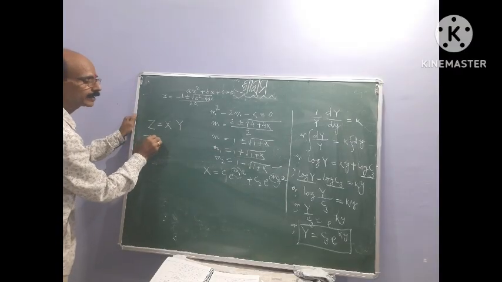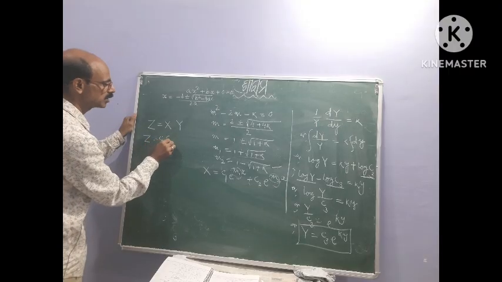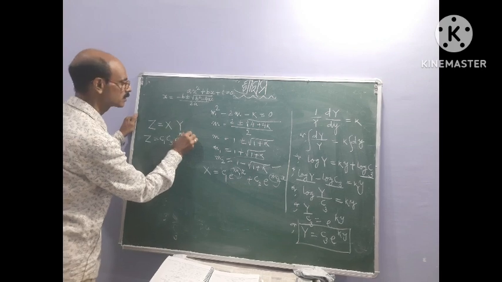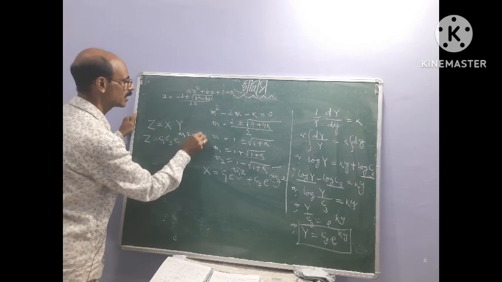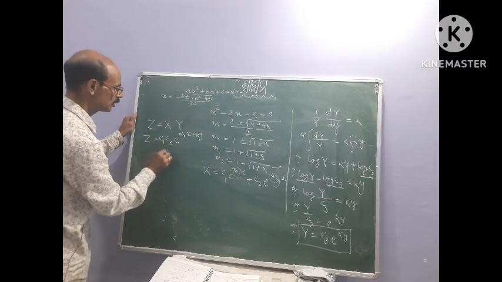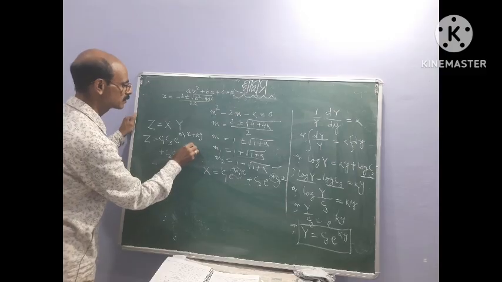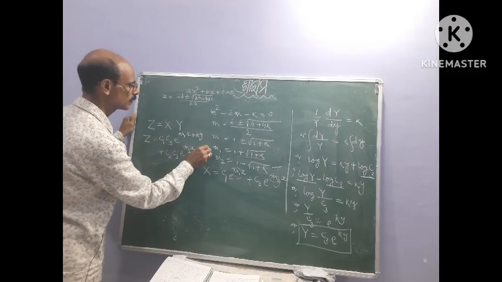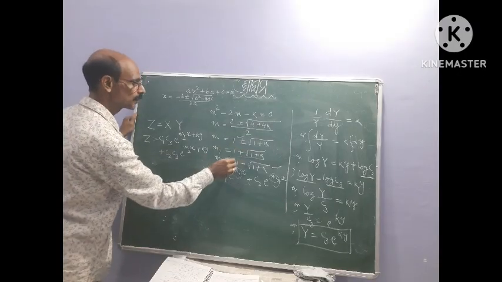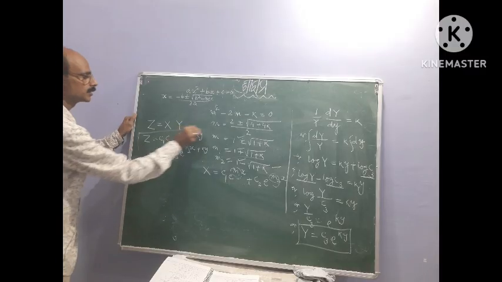So we'll get c1 into c3 exponential m1x plus ky, plus c2 into c3 exponential m2x plus ky. In place of m1 this, in place of m2 this. So we'll get the solution.